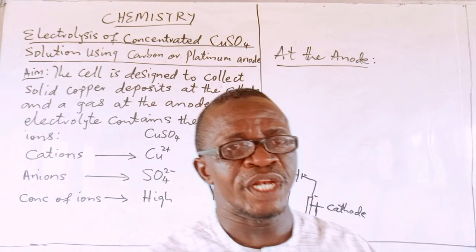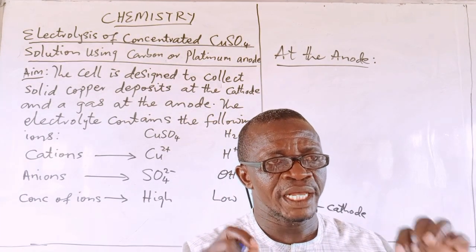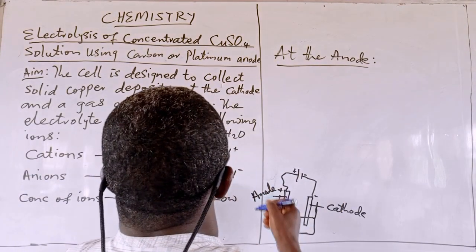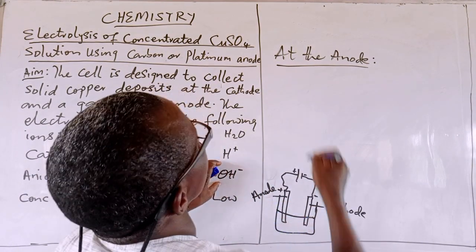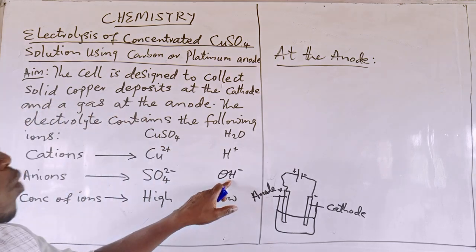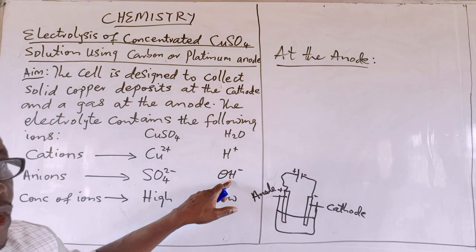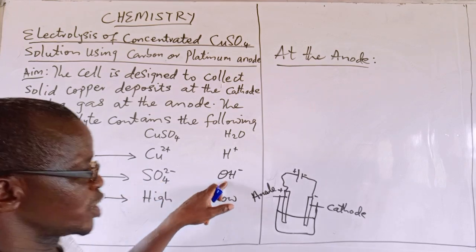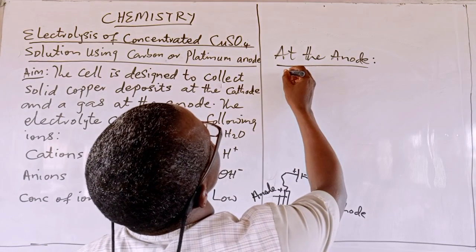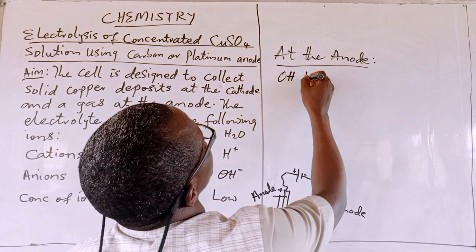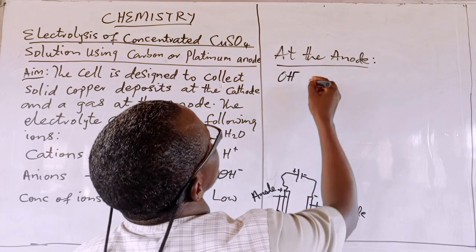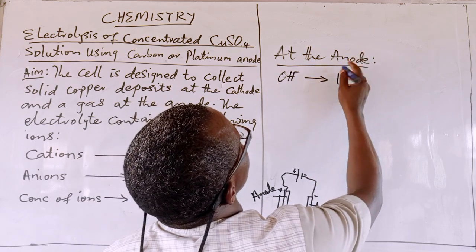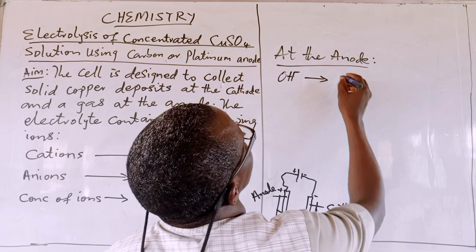Position will dominate. Position will take the lead. Now, on that series, as far as these two are not close by, this one will be discharged in preference to this. This will remain in the solution. This one will leave. So I will now write OH minus at the anode will give out the electron.